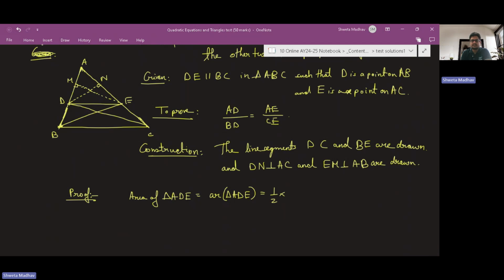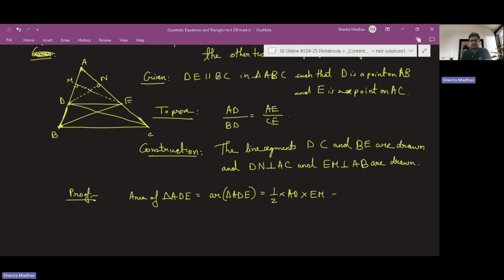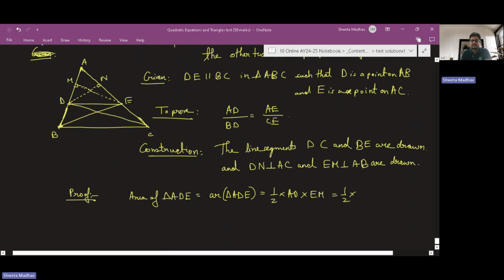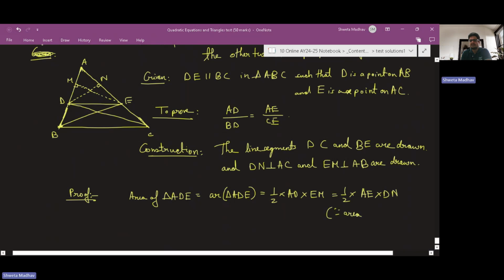If I take AD as the base, then that will be into EM, and that will also be equal to half into base. If I take AE, then I have to take DN, since area of a triangle is equal to half into base into height.